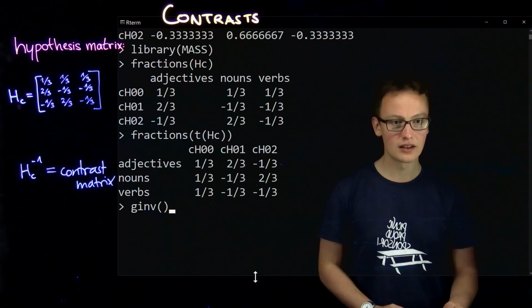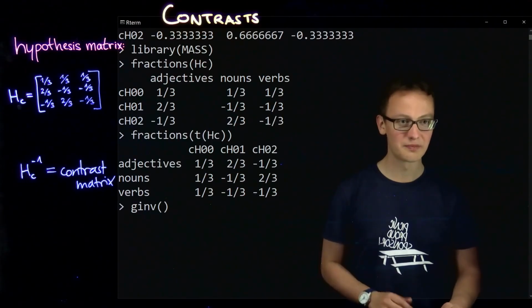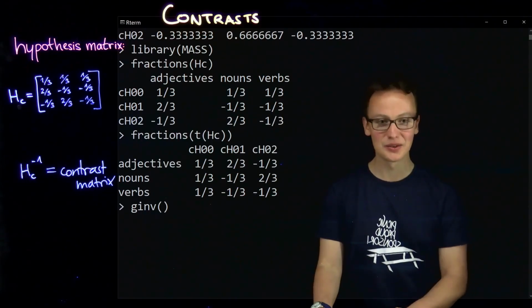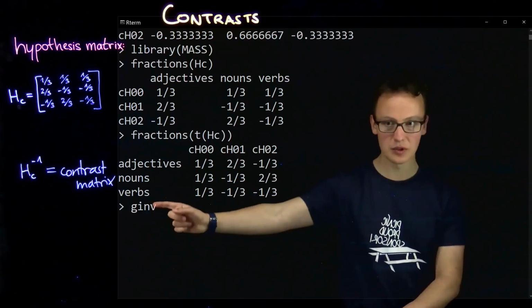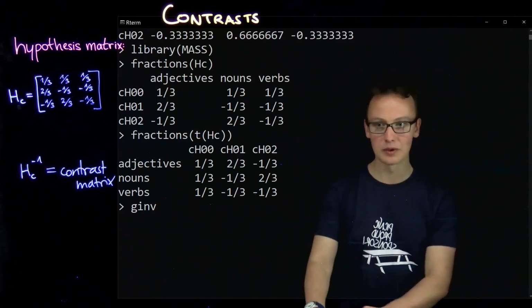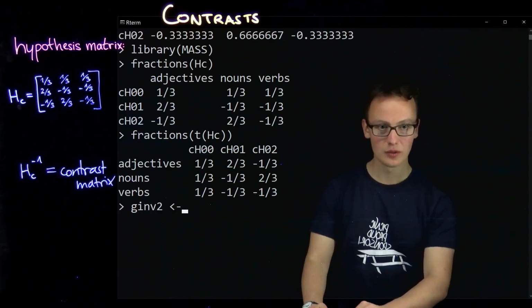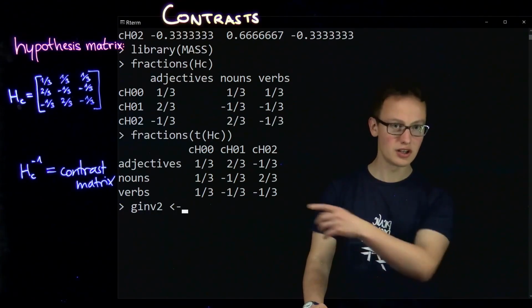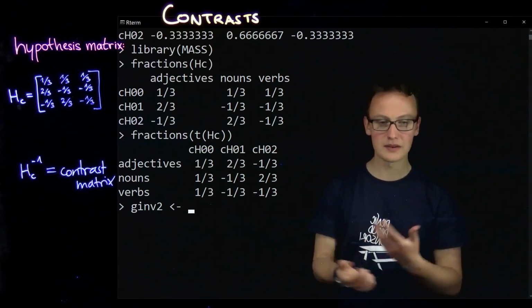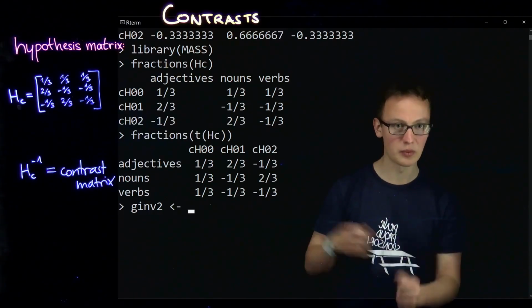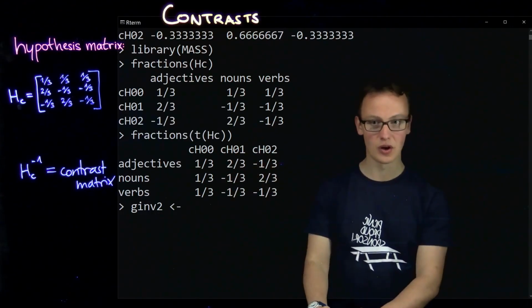And here, to make it a little bit nicer, we're not going to use the ginv function, which we already know, but we're going to define a new function, which we can call ginv2, which gives us a nicer output in that it retains those labels on the rows and columns.